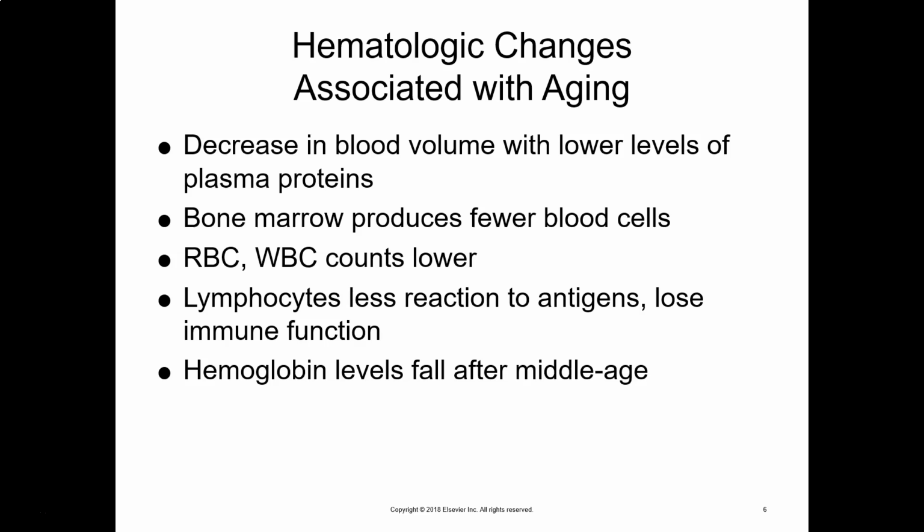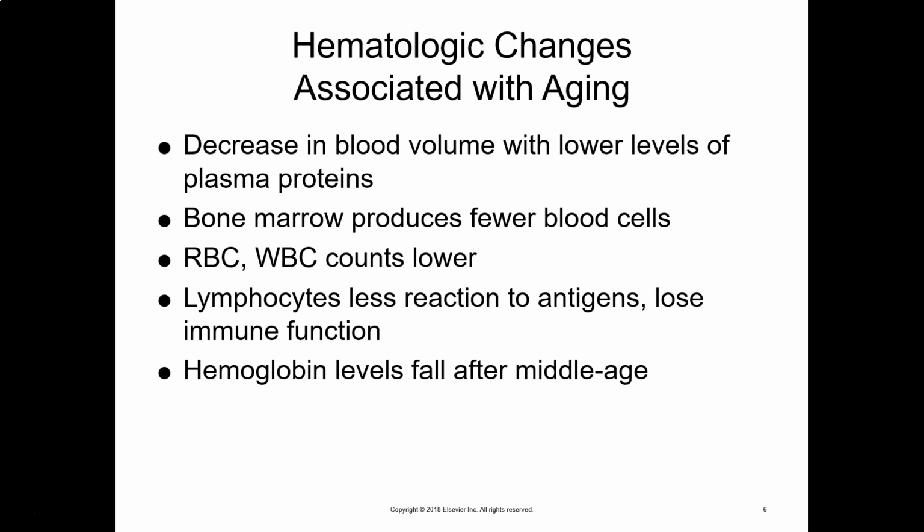Bone marrow, as it ages, produces fewer blood cells. The total number of red blood cells and white blood cells are lower among older adults. Lymphocytes become less reactive to antigens and lose a lot of their immune function.